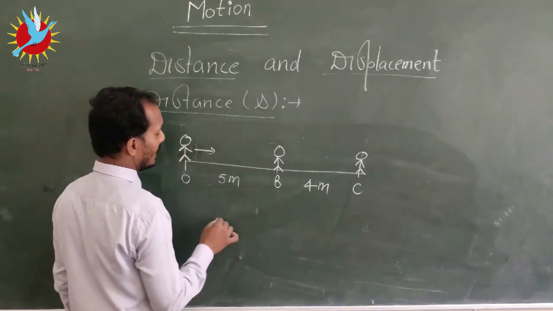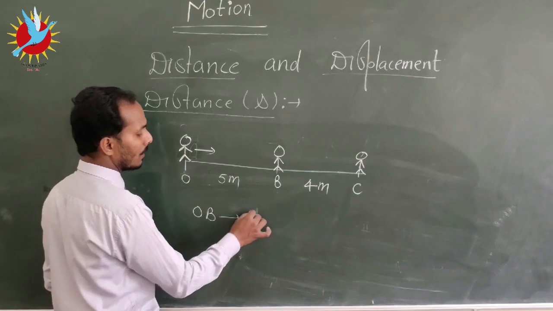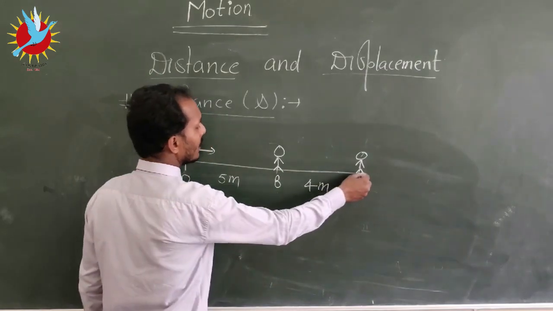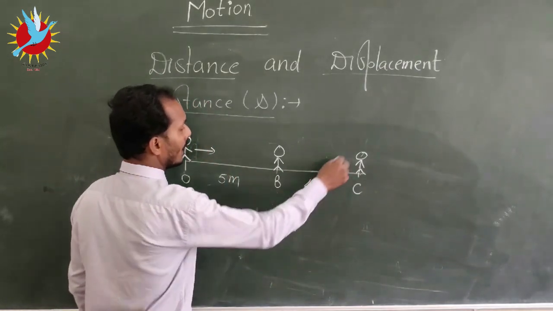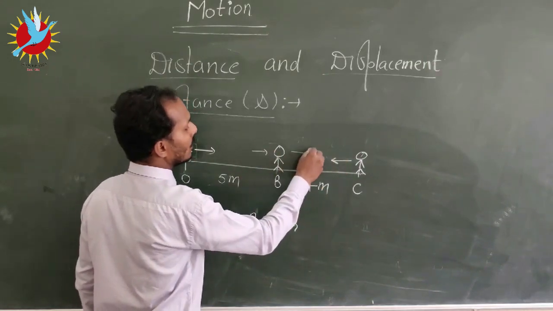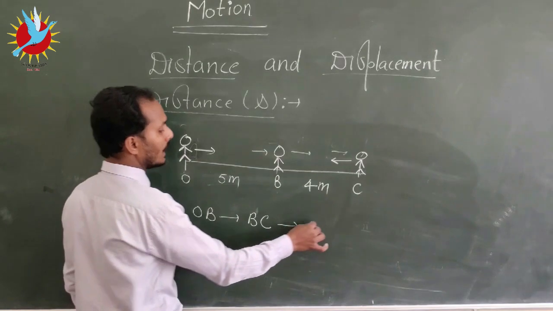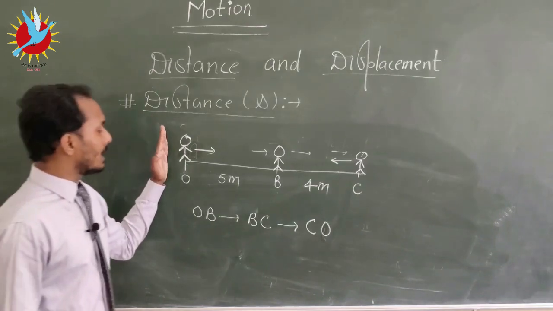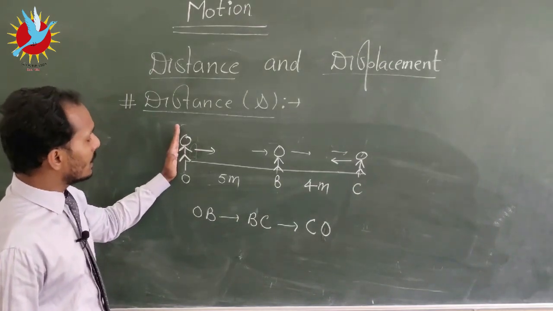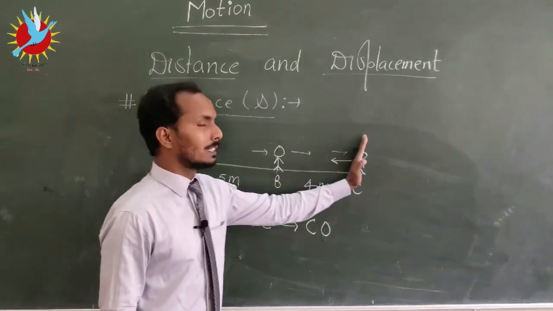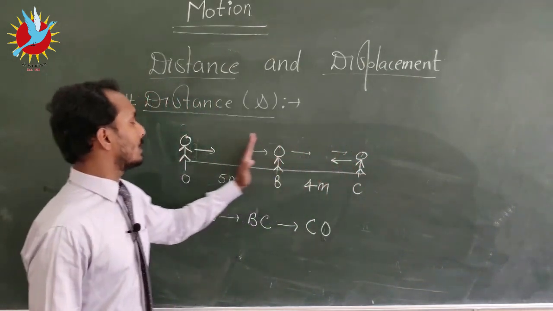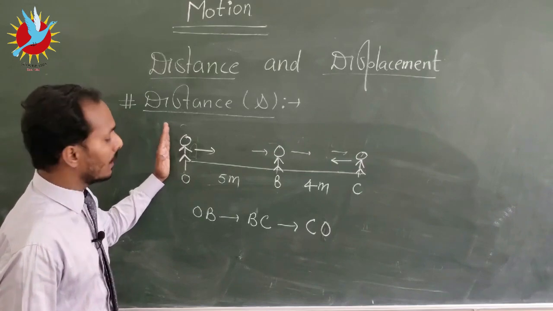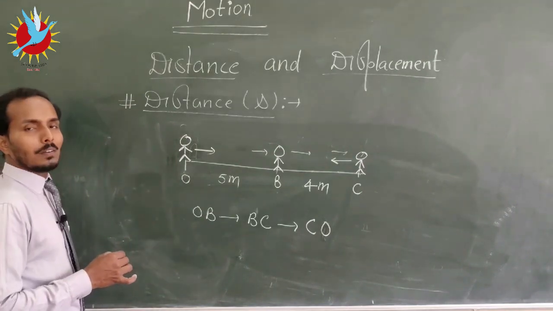First it goes from O to B, then B to C, and then it returns from C following the same route and reaches the origin again. So the question is, what is the distance covered by the person?